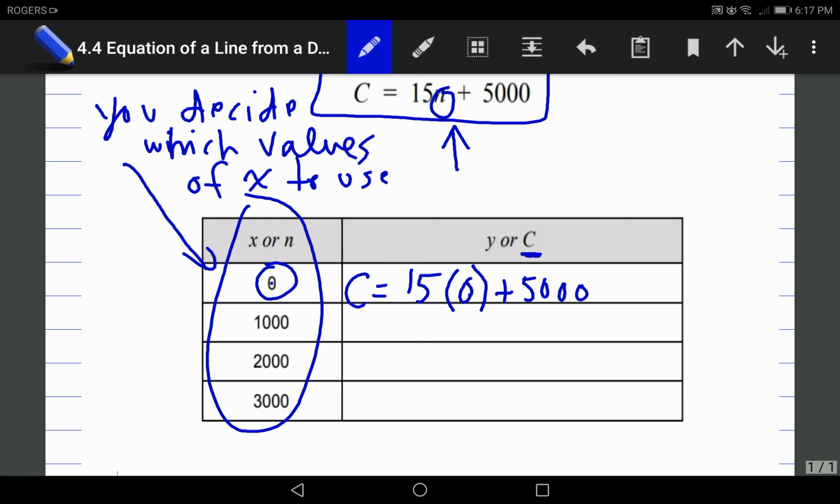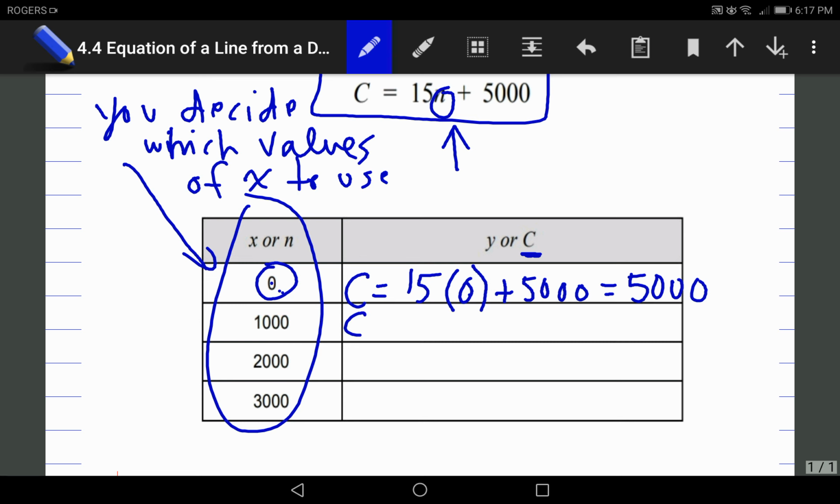What do I get? 15 times 0 is 0, plus 5,000. Well, that's 5,000, and that makes perfect sense. My initial value is $5,000. So I should get 0, 5,000. Remember that for the initial value, the x value is always 0.